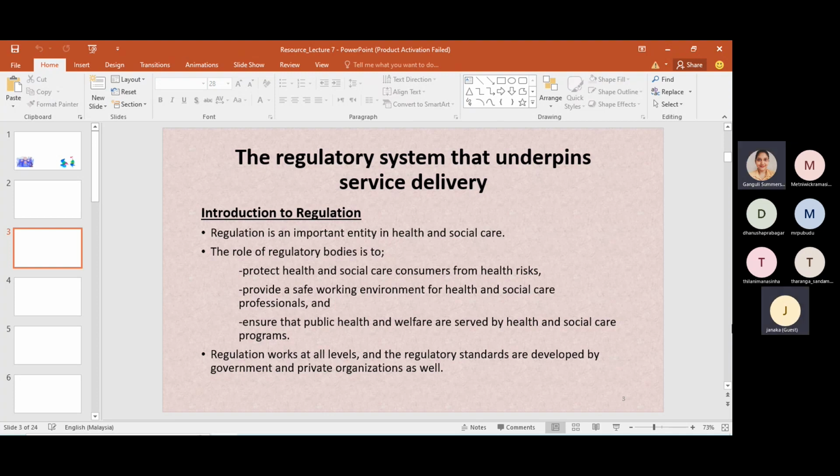So that is follow up. Yes, Janaka, that's a really good answer. Yes, that is the kind of regulation that we will be talking about today. Follow up, checking, supervising, overseeing.